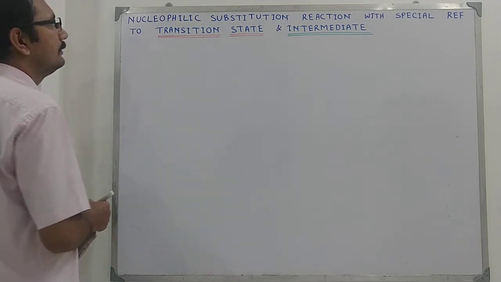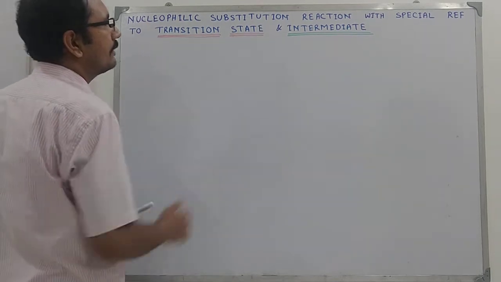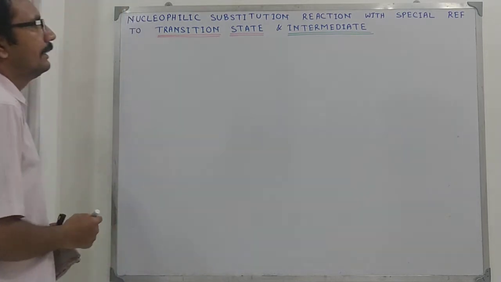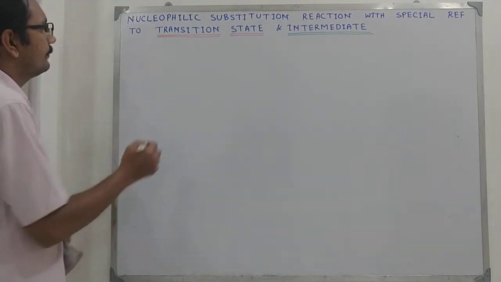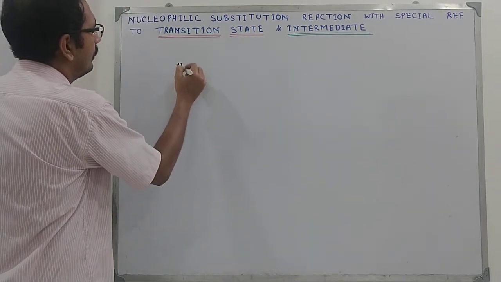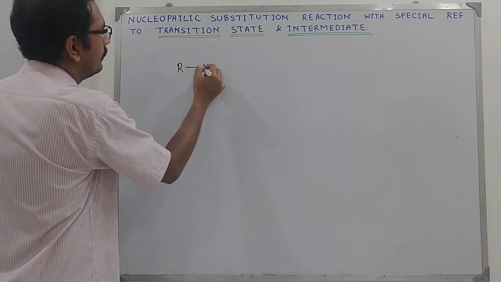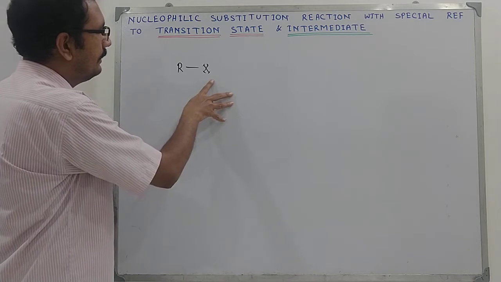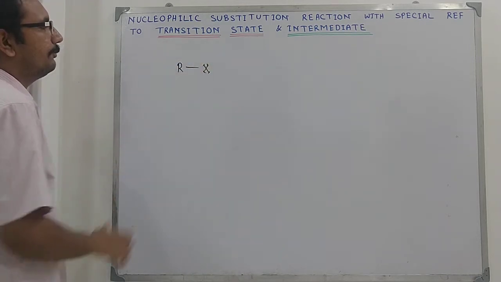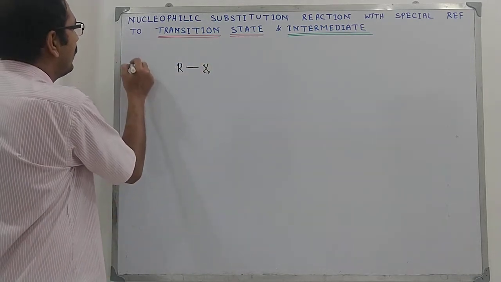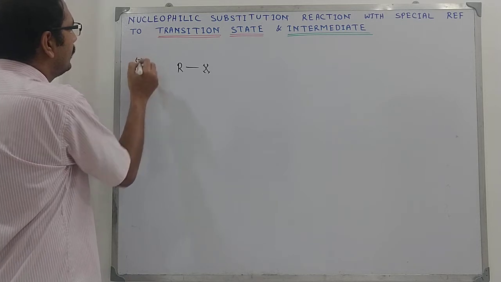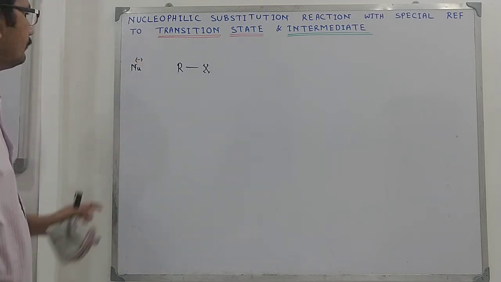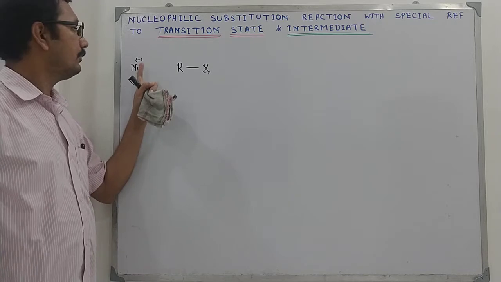Now firstly, this nucleophilic substitution reaction is like you have an alkyl halide, so this may be the leaving group, and you have a nucleophile. A nucleophile is a species having a lone pair.